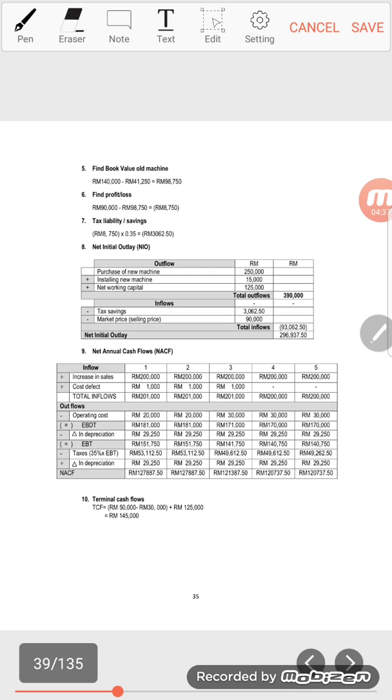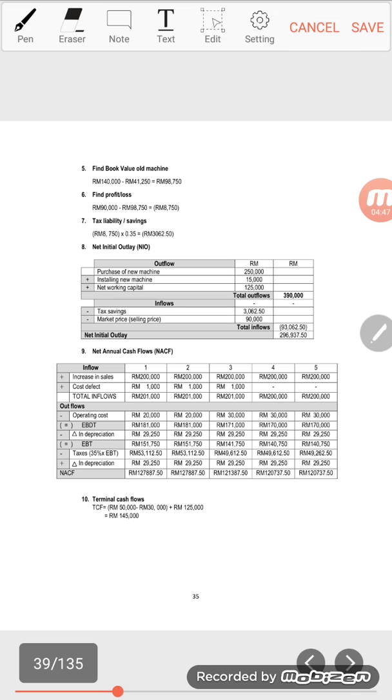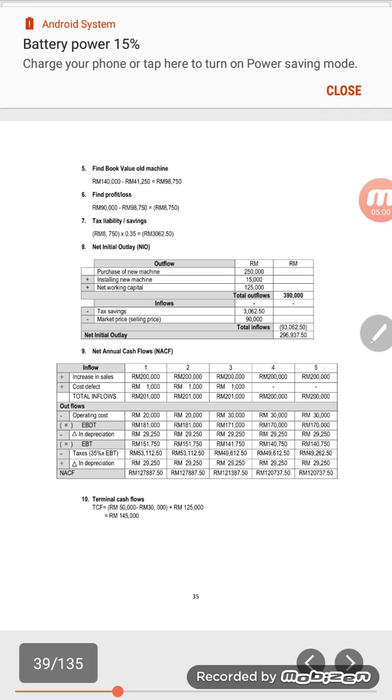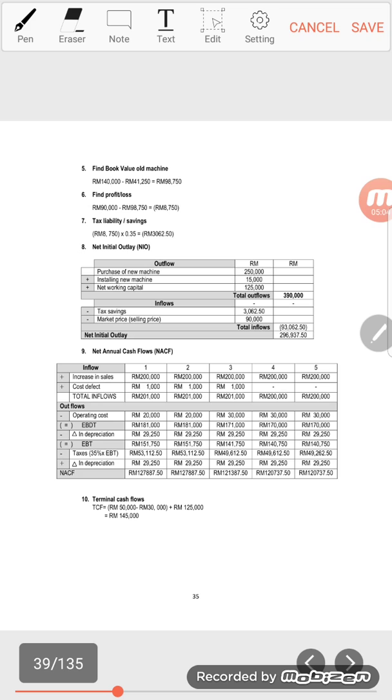Next we have to find profit or loss, using the selling price of the old machine minus the book value. So you get a negative amount because the selling price is 90,000 ringgit minus 98,750 ringgit. So you will get negative.